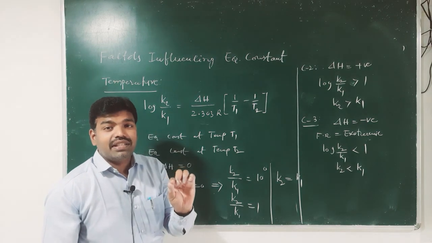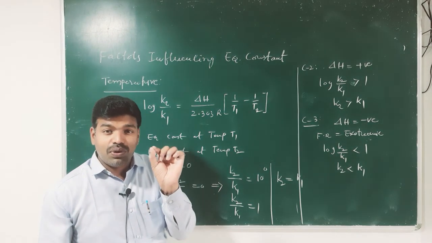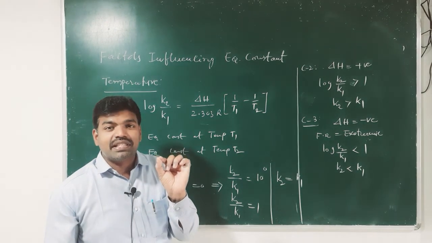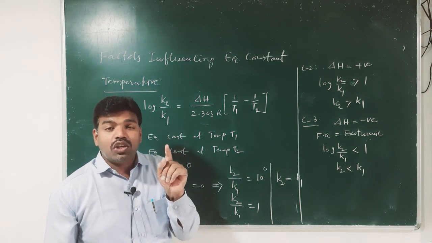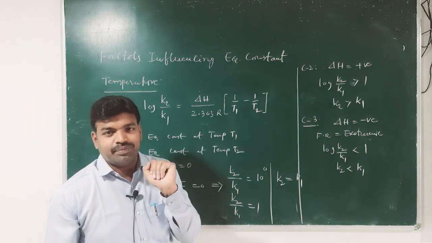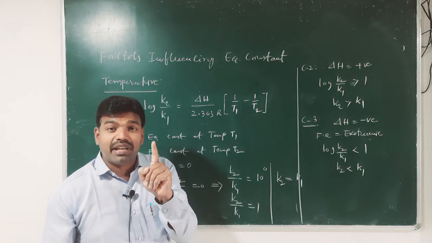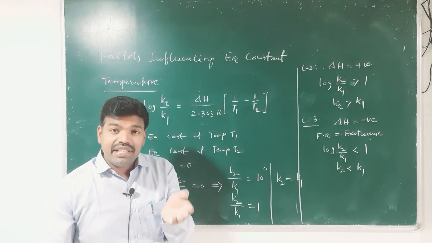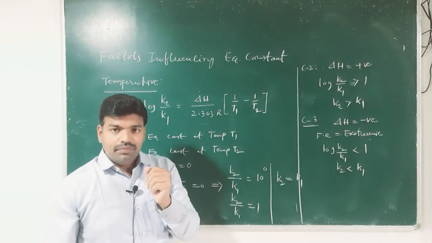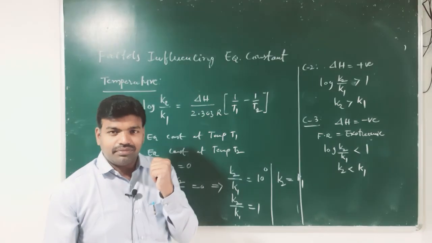When delta H is equal to 0, the equilibrium constant is independent of temperature. If delta H is positive, the forward reaction is endothermic, and with increasing temperature, the equilibrium constant also increases.